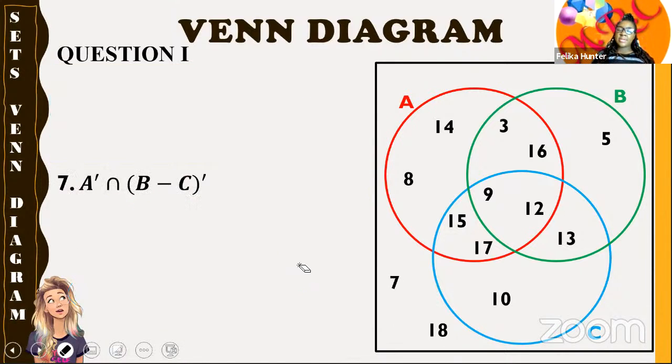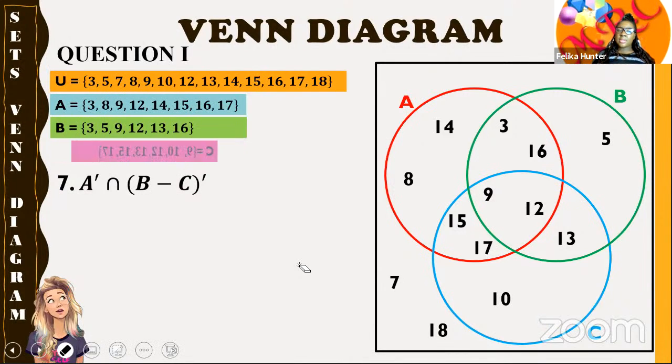All right, here goes the first one. Just write the question down in 10, 9, 8, 7, 6, 5, 4, 3, 2, 1. You should have the sets already drawn or written down in your book.